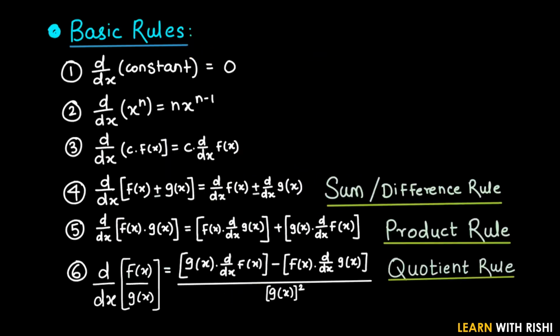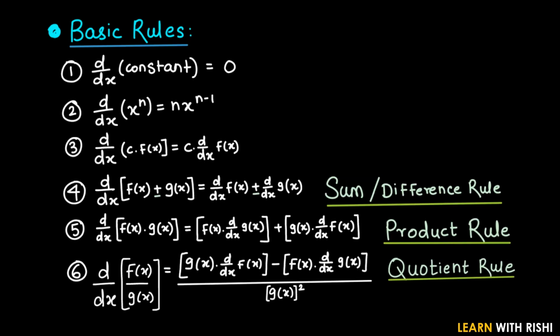Next, let us go to the basic rules of differentiation. The derivative of a constant is nothing but 0. The derivative of x raised to n, that is variable raised to constant, becomes constant into variable raised to constant minus 1. Then we have the derivative of constant into some function.